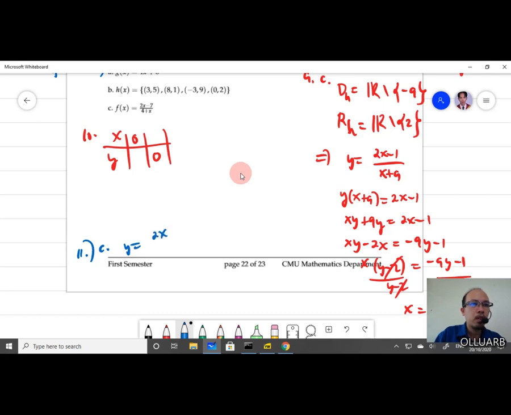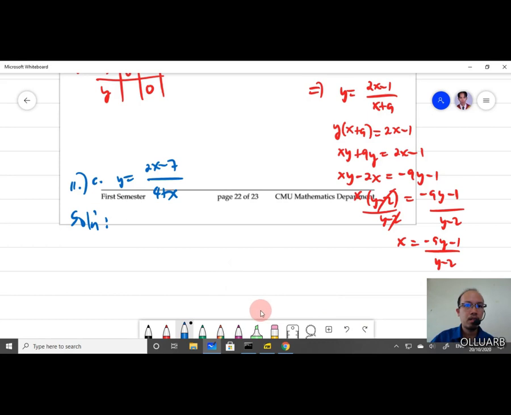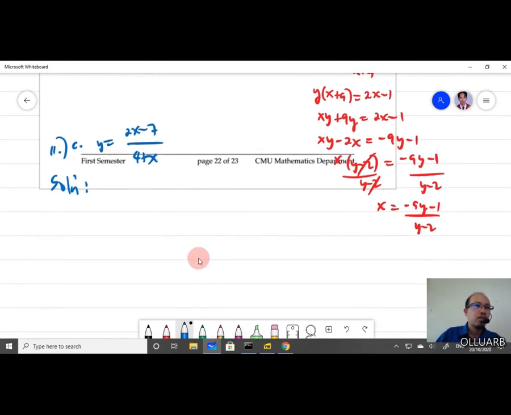Y is equal to 2x minus 7 over 4 plus x. The domain and the codomain are not mentioned here, so we expect it to be of this form, where our domain is a subset of A, the set of real numbers, and the codomain is the set of real numbers.